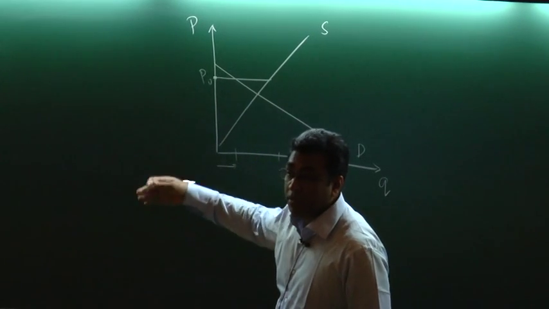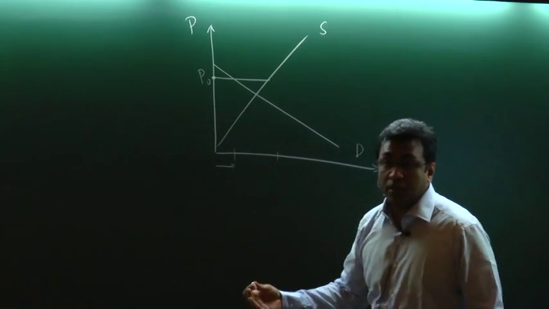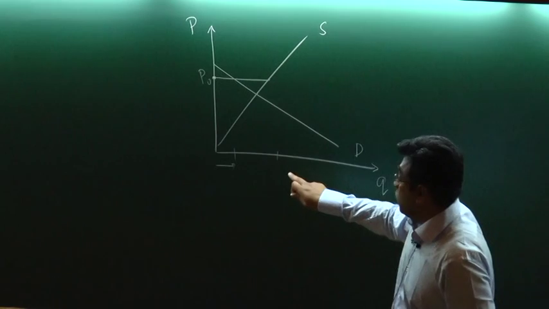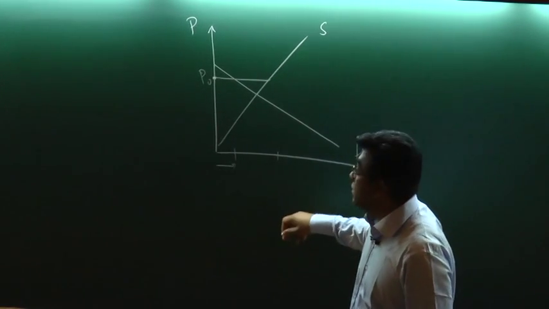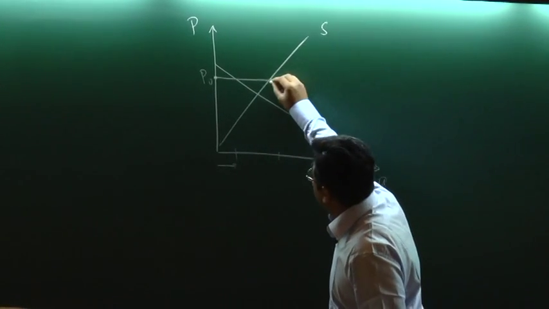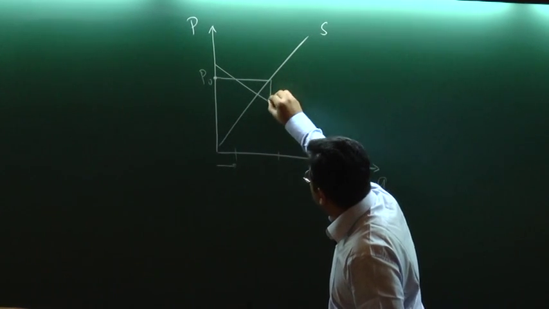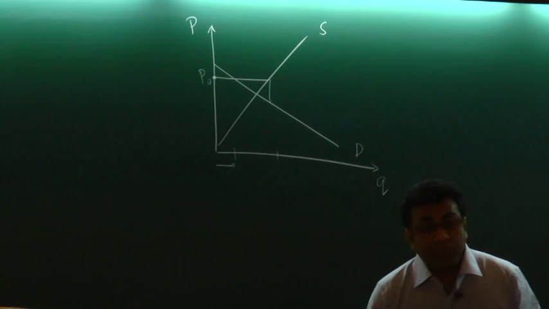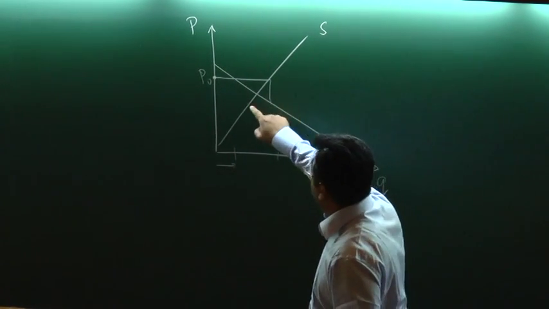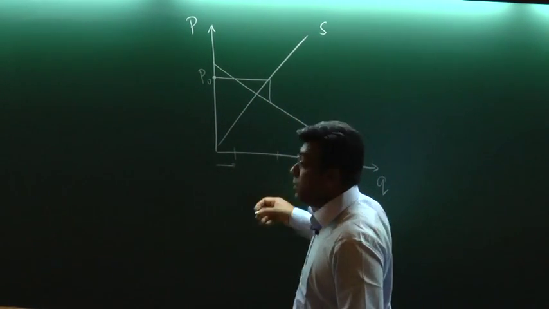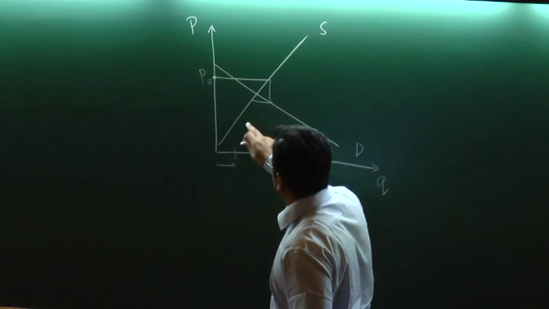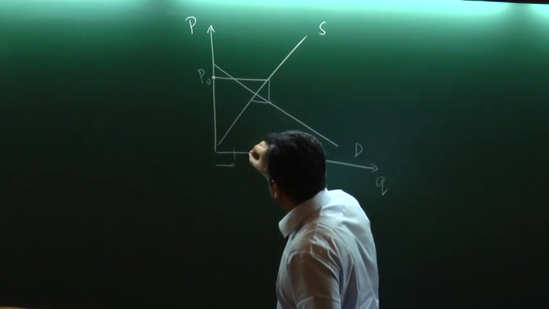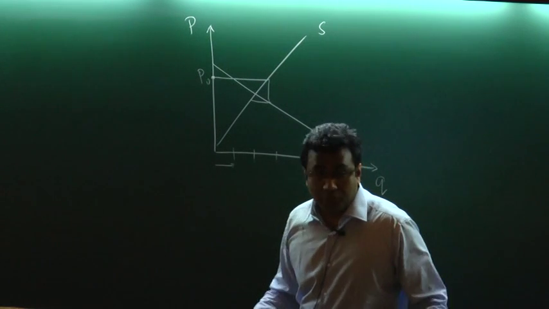This is the first time period. You start with some initial price. Knowing the quantity that the suppliers are willing to supply at this price, the consumers will say, for that amount of quantity, I will pay this much price. And iterate this further. Given the price you are willing to pay for this quantity, the suppliers will say, for that price, I will supply this much quantity.